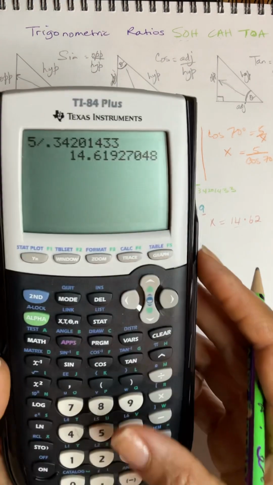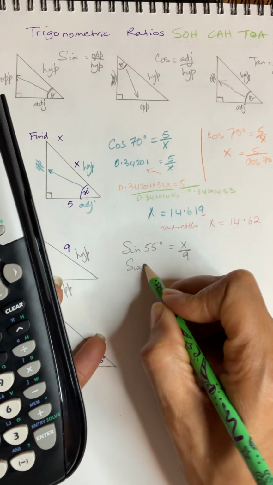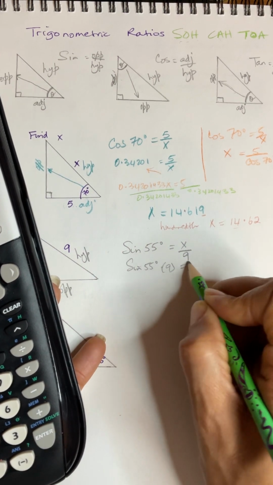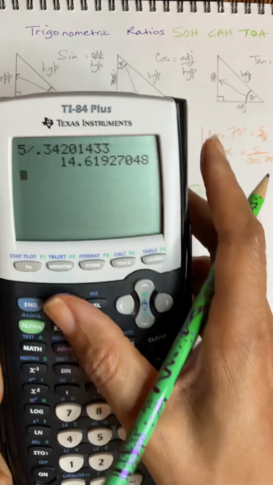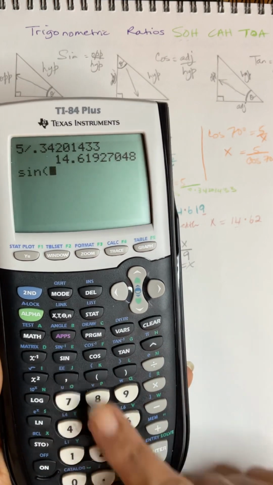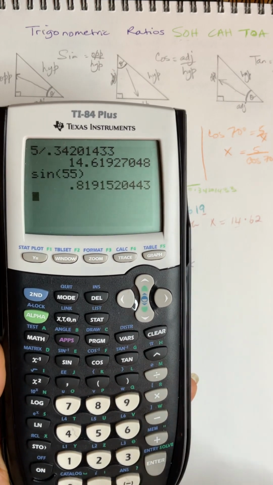So sine 55 degrees equals x over 9, so we are going to do sine 55 degrees times 9 to give you x. So sine 55 degrees on your calculator, close that, enter.